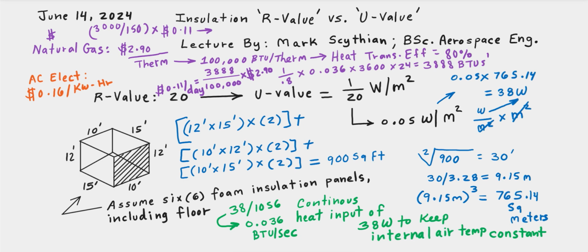So we got 11 cents per day per 150 square feet. So that's $2.02 per day. Heating cost for a 3,000 square foot house. Under natural gas heating.